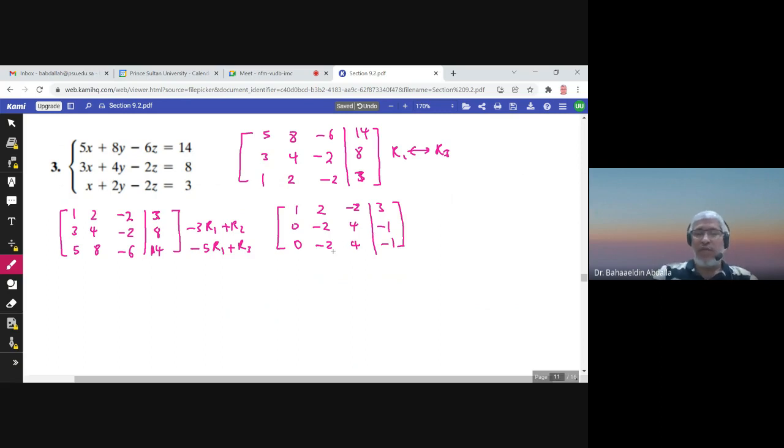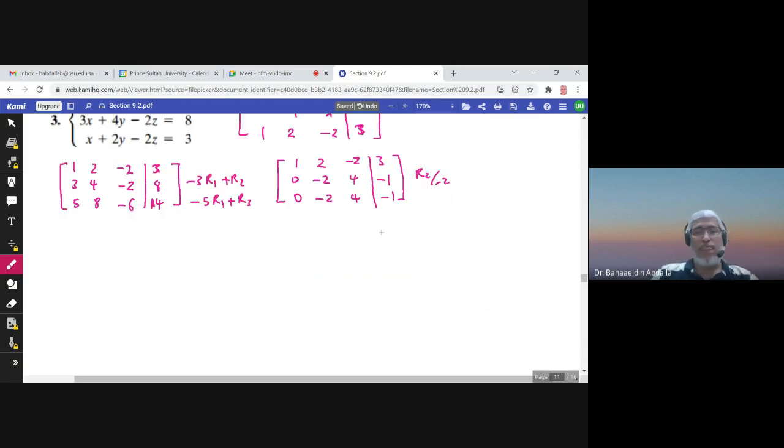It's clear here that we will have infinitely many solutions. But to write it in the Gaussian elimination method form, in the row echelon form, we need negative 2 to be 1. So I divide R2 by negative 2. 4 over negative 2, negative 1 over negative 2, and row 3 as it is.